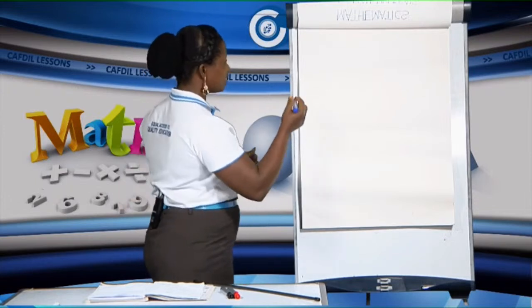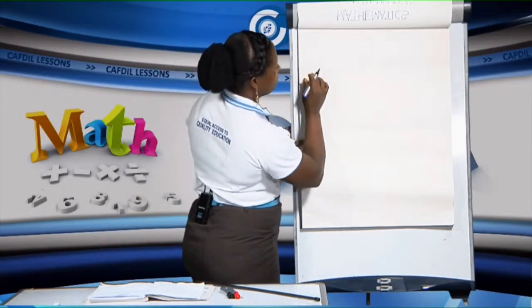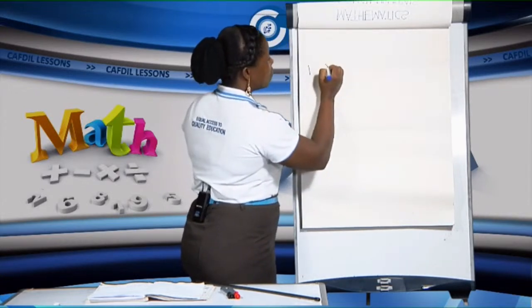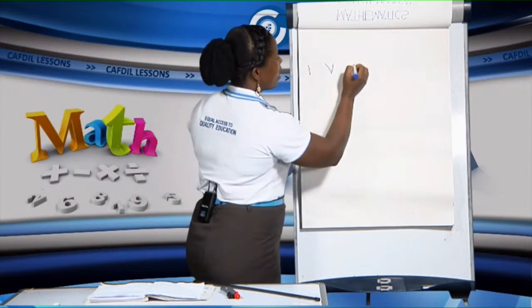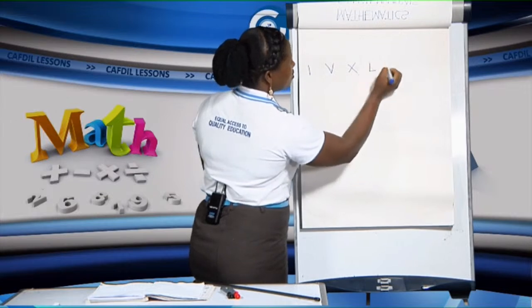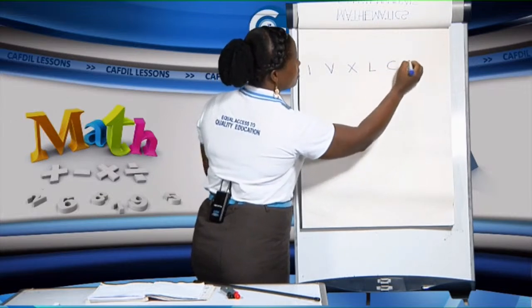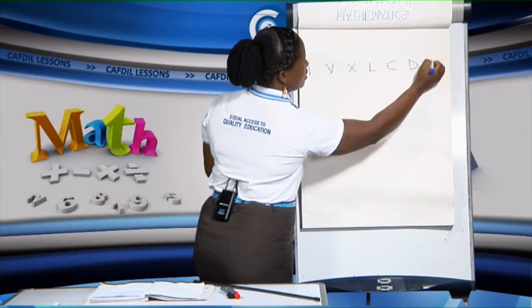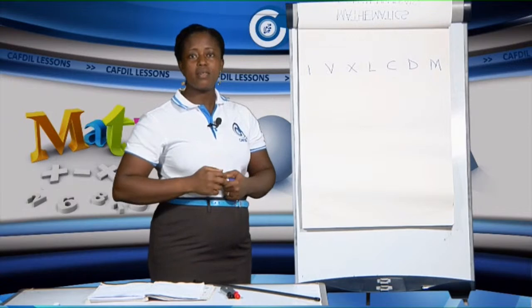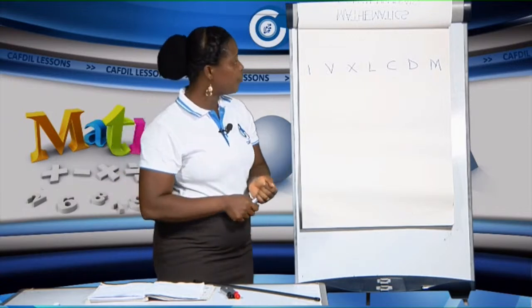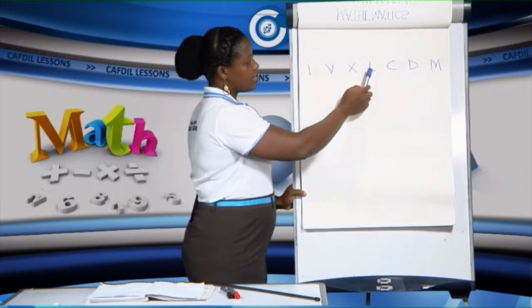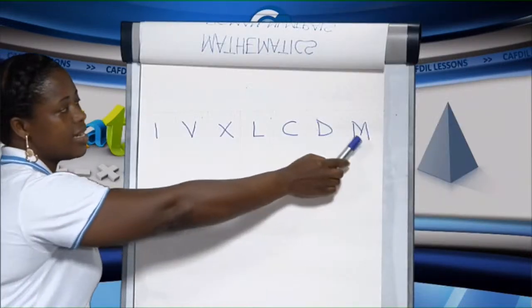The first one is I. We have V. We have X. We have L, C, D, and then M. These are the characters or the symbols for Roman numerals: I, V, X, L, C, D, and then M.